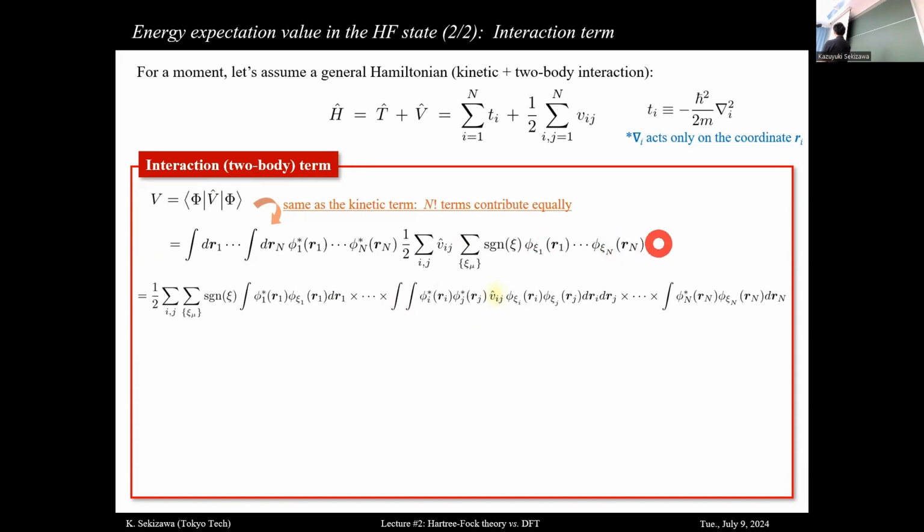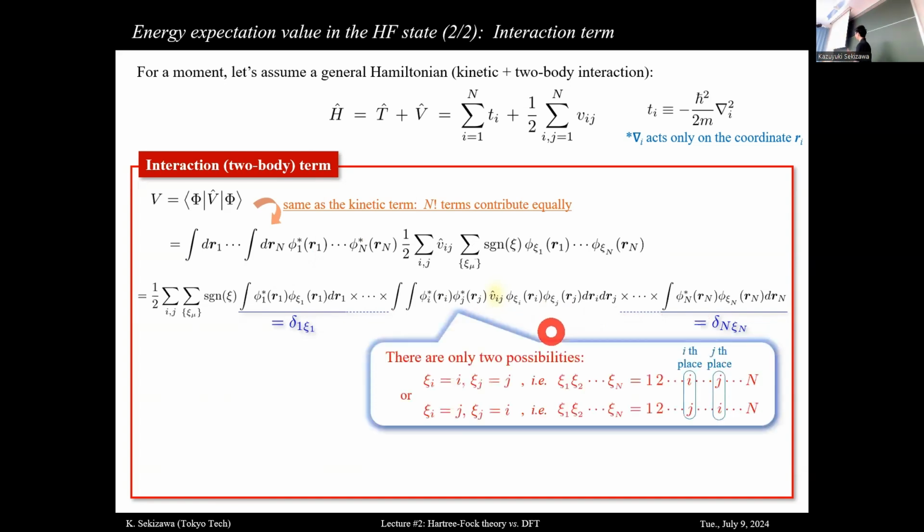And now, again, the coordinates Ri and Rj are affected by this operator, but the others are not. So again, you can use the Kronecker delta except for Ri and Rj, right?